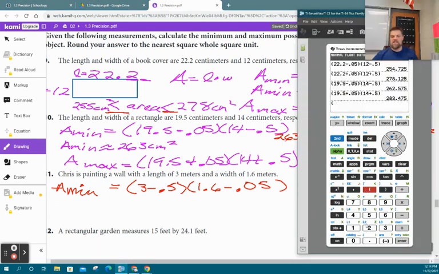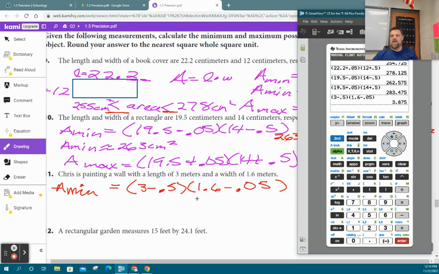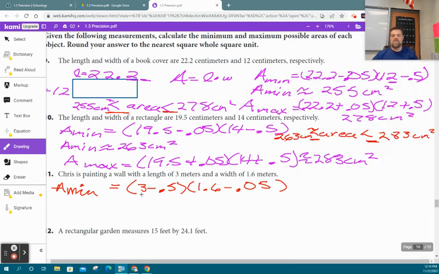Start my parentheses, 3 minus 0.5, close parentheses, times 1.6 minus 0.05. You guys should be plugging this in your calculator as well. And I got 3.8. We have to go with the least precise measurement. 3 is just the ones spot.